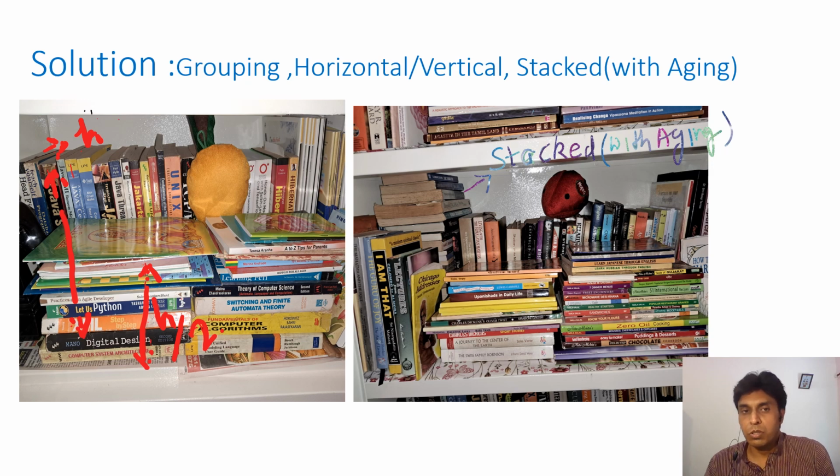The final solution that came up after this grouping was how to access them. As you've heard in the problem statement, how are we going to do the final solution for that? As you can see in the picture, this is one arrangement. Inside this arrangement there are three things that I'll discuss now.